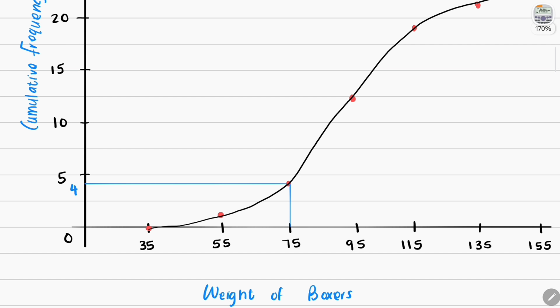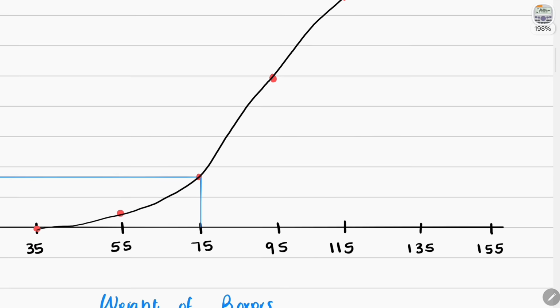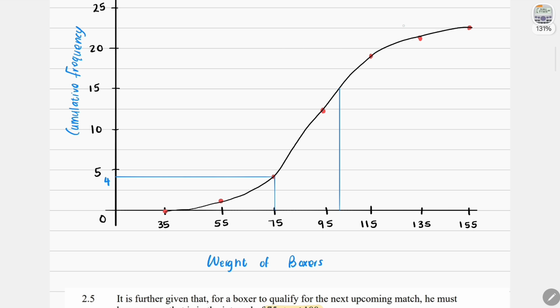Great. Now we need to find 100. So using the ogive, let's say 100 looks like it could be around here. So you'd go from 100 straight up to the ogive. I'm just going to take where it intersects right there. So we're saying that this is 100 over here.